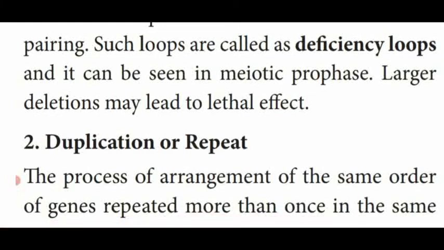Next, we are going to see another type, that is duplication or repeat type of chromosomal aberration. Duplication means a single chromosome gene which is repeated once again, that is known as duplication or repeat.